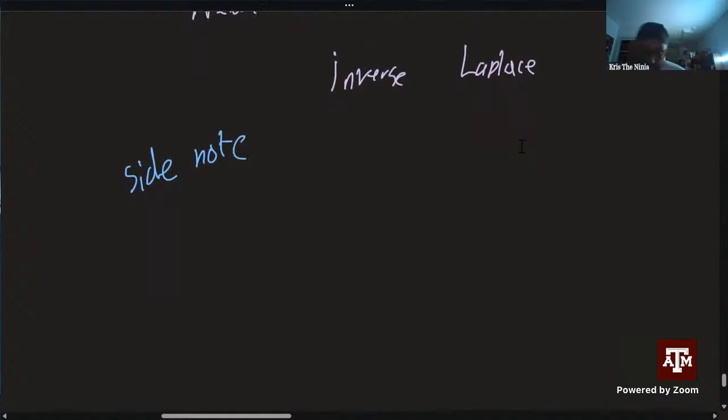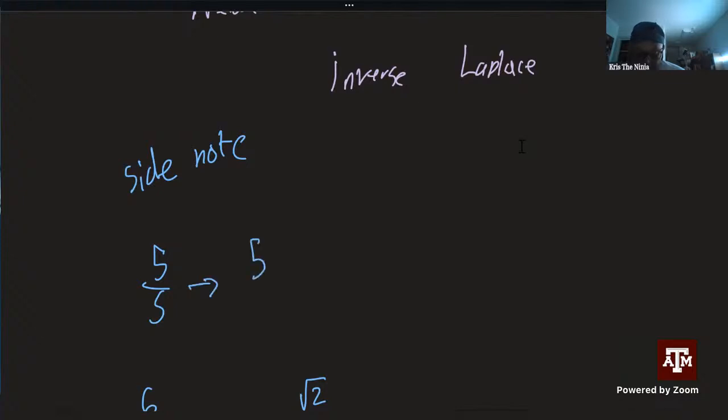So if we had, let's say, 5 over s, or 6 over s squared, or even square root of 2 over s plus 2, this would convert back into just 5.